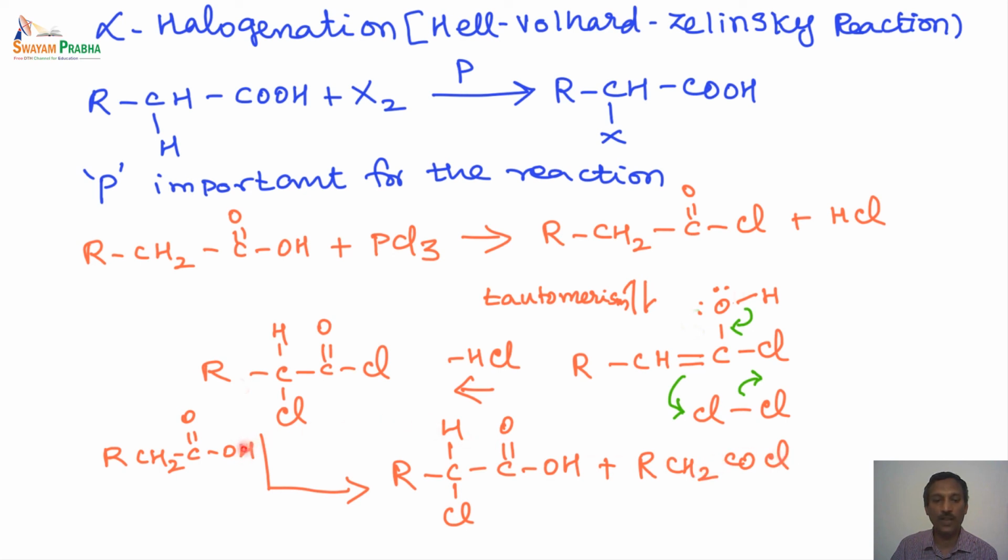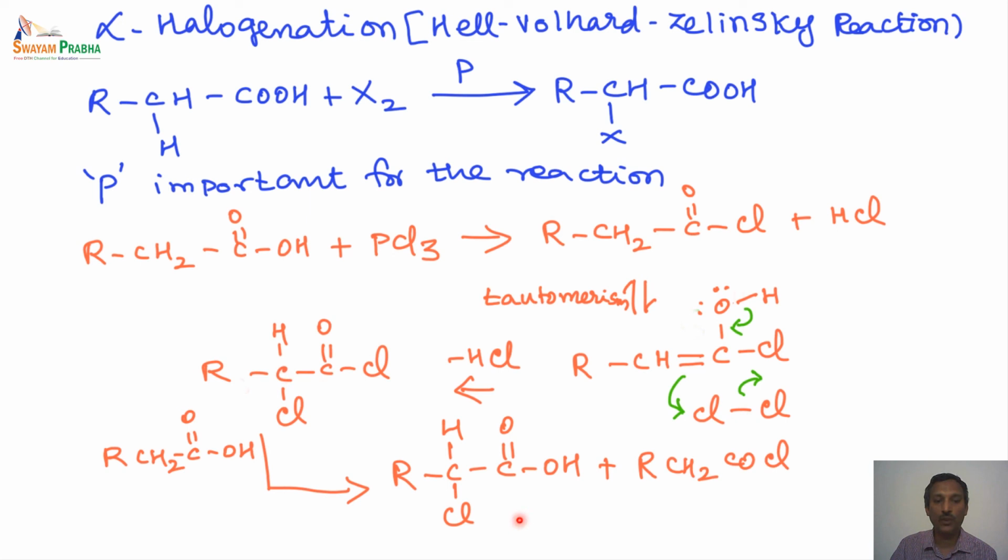What happens is this hydrogen is replaced, this OH replaces the chloride to give the corresponding carboxylic acid, and that leads to the RCH2COCl as the acid chloride, the second unit, because whatever chloride is lost from this one is added here. So in other words, an exchange of the Cl and the OH happens.